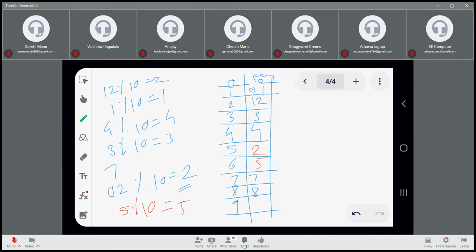Now next after 5 is 14. So for 14, what is the index? Actually, the actual index of 14 is 4, but 4 is not empty. So the next empty position is 9. So I am going to place 14 at position 9.